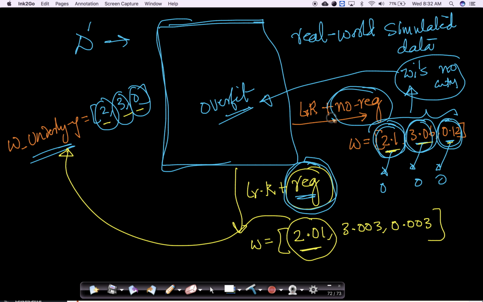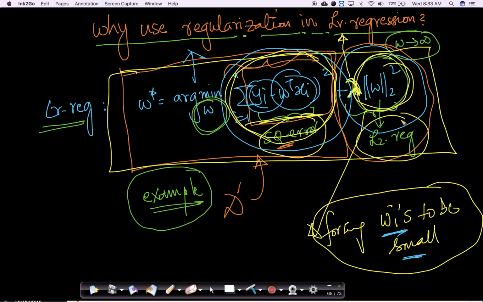And these types of weights, which are closer to the underlying weights, tend to generalize well on new unseen test data. Remember, the whole objective of regression is to take some training data and find weights which will work in the future on unseen data. So this is the argument behind why we have regularization in the first place in linear regression. I hope the question is clear now.